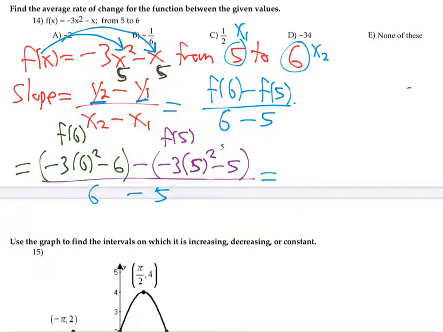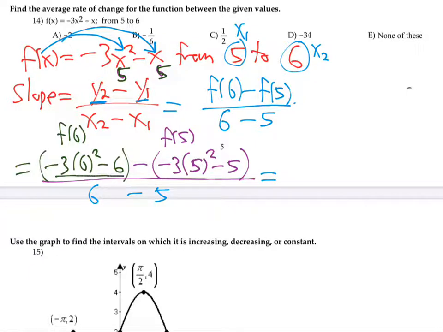Does everybody see what we did there? So that's when they say average rate of change. You do y2 minus y1 over x2 minus x1, slope, which is the f values over the x values.